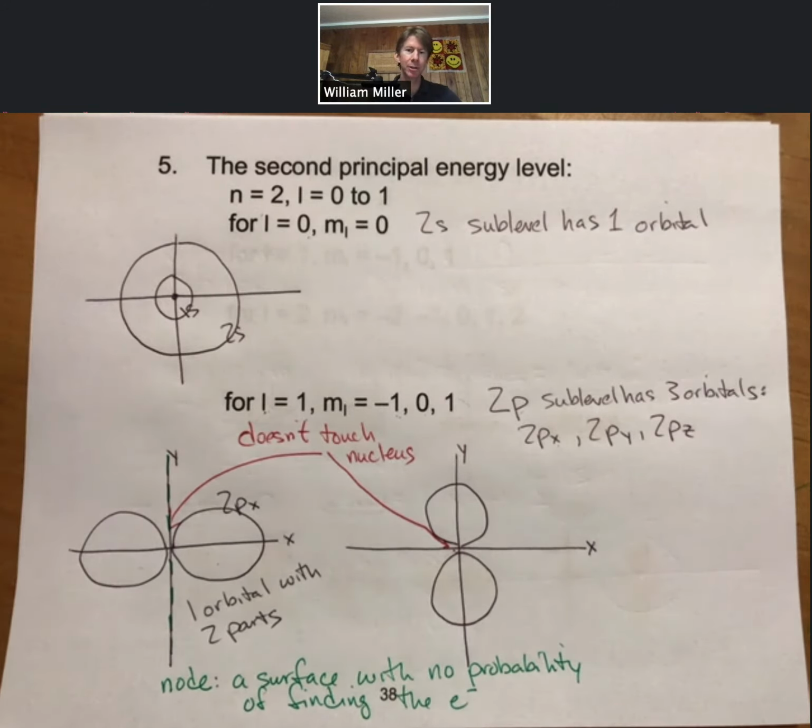And what you'll notice about those orbitals, well, an s orbital had 1 part and it was a sphere. A p orbital had 2 parts. And now these are more complex. So some of them have 4 parts, some of them have 2 parts and a donut.